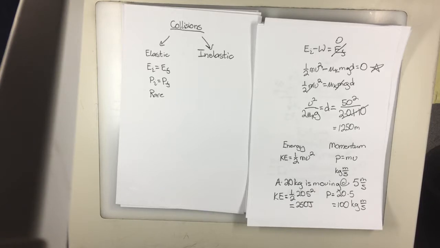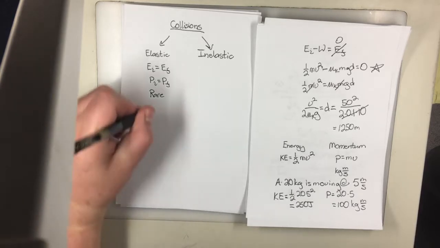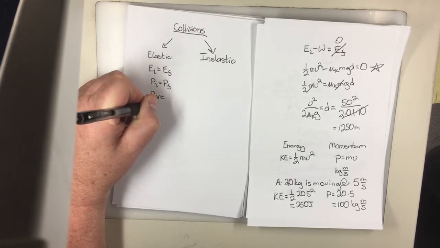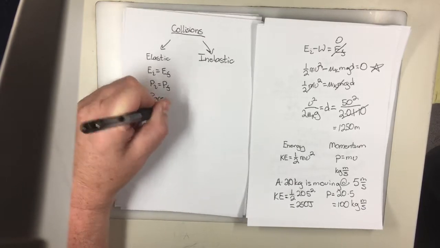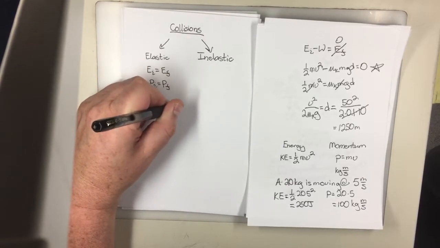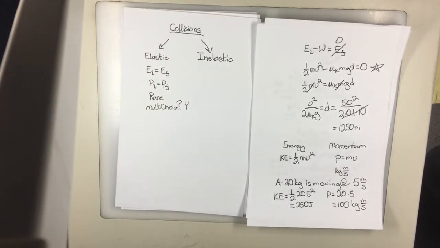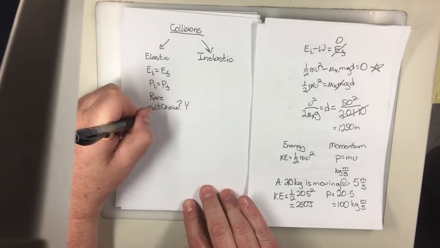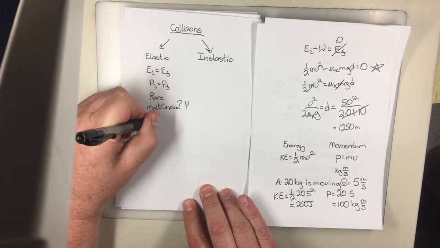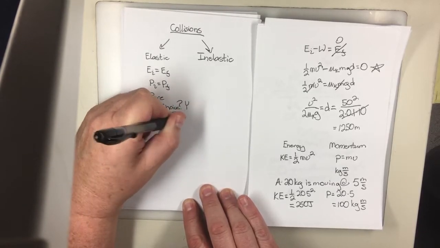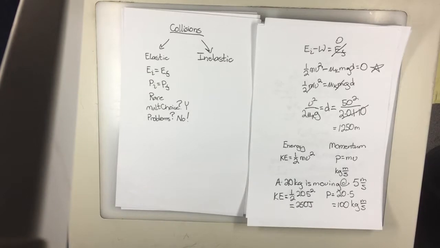The thing about elastic collisions, in terms of your bottom line, is multiple choice. Yes, I will ask questions about elastic collisions on multiple choice. On problems, no. You will not get an elastic collision on the test.